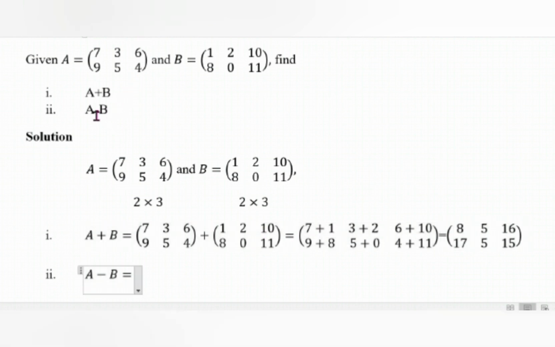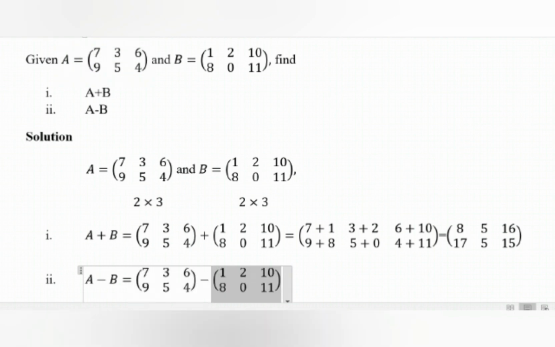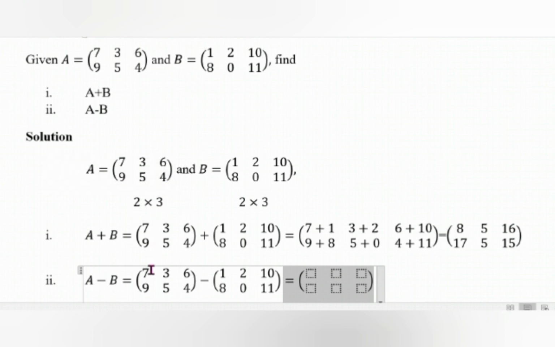To get A minus B, you write matrix A first, then minus matrix B. That is equal to, so how do we work out this? You take this element minus the corresponding element here. So we have 7 minus 1, then we shall have 3 minus 2, and then lastly 6 minus 10 for the first row.